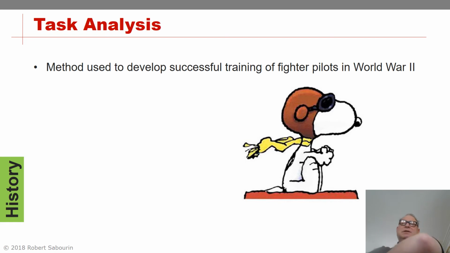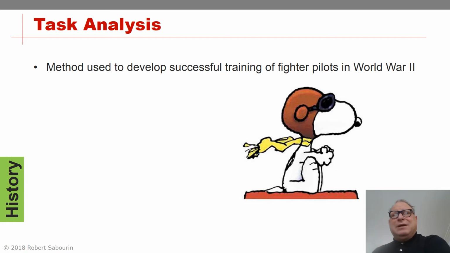Task analysis with the critical instant method is not a new approach. Indeed, during World War II, it was used by the United States Air Force to train fighter pilots. At the time, there were many, many airplanes in production. There were a lot of regular pilots, but a severe shortage of fighter pilots.